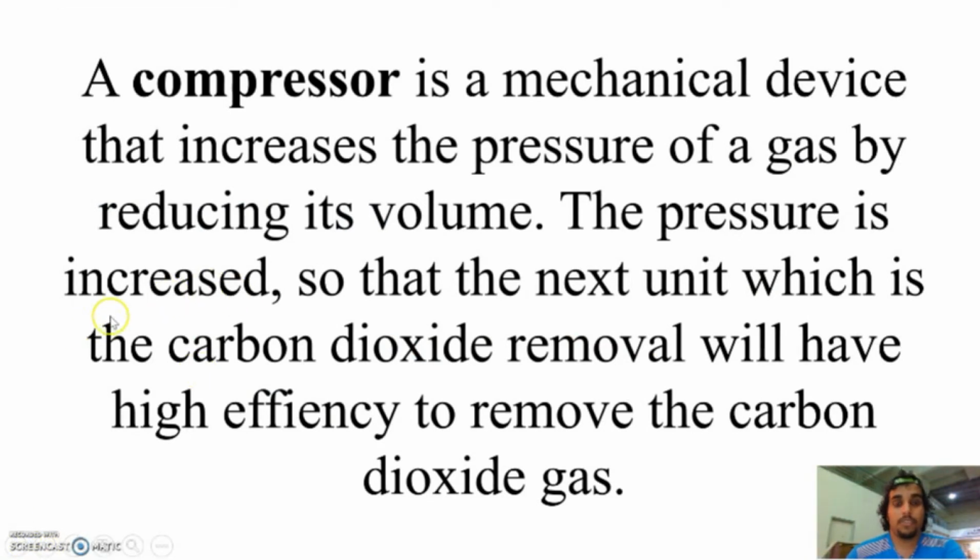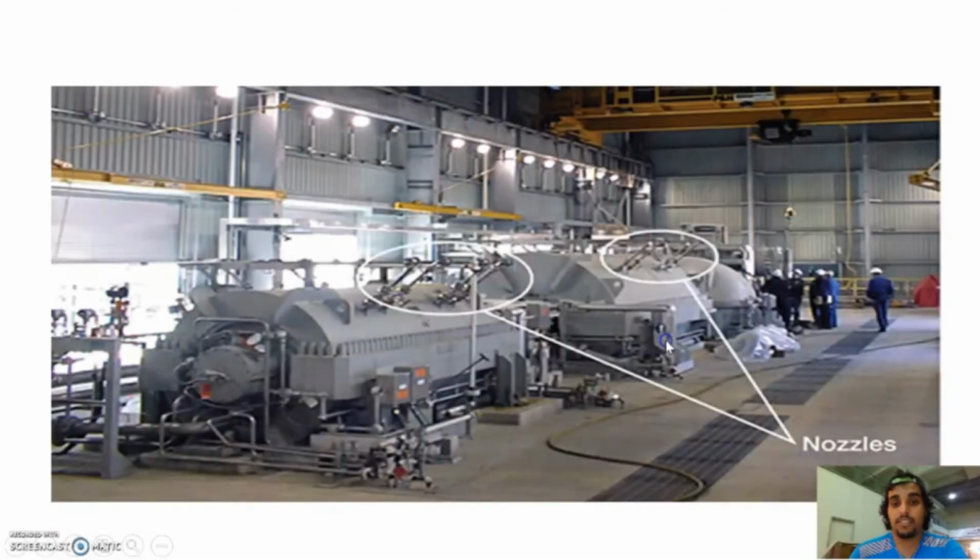So now I'm going to talk about the compressor. A compressor is a mechanical device that increases the pressure of a gas by reducing its volume. The pressure is increased so that the next unit, which is the carbon dioxide removal, will have high efficiency to remove the carbon dioxide gas.